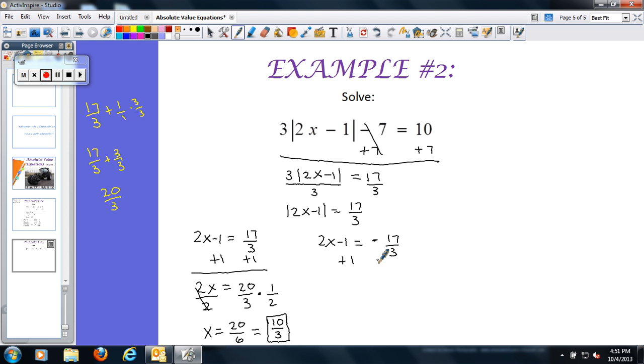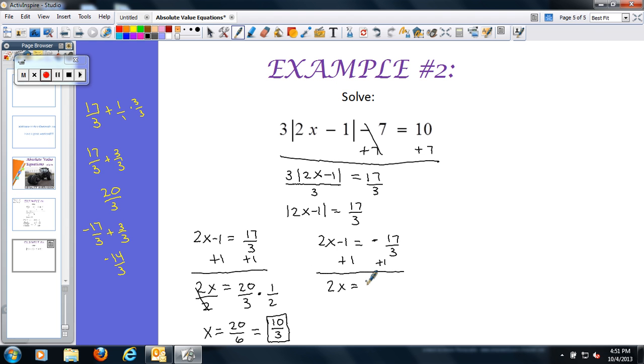Do the same process here. I'm going to add 1 to both sides. I get 2x equals, if you remember, 1 we made to be 3 over 3. So this is negative 17 over 3 plus 3 over 3, and that's going to give you negative 14 over 3, which again you cannot simplify.